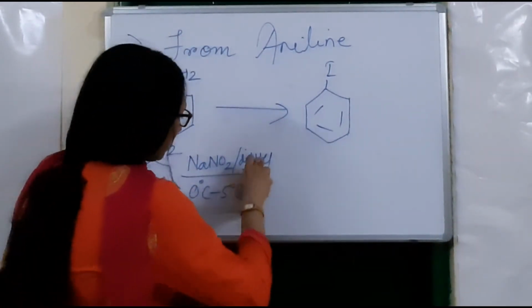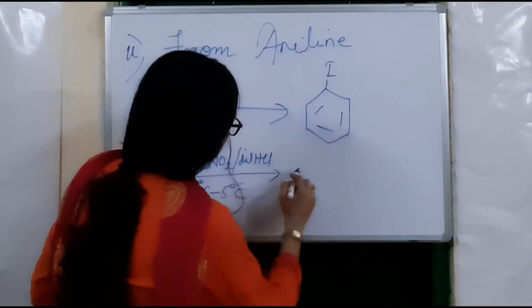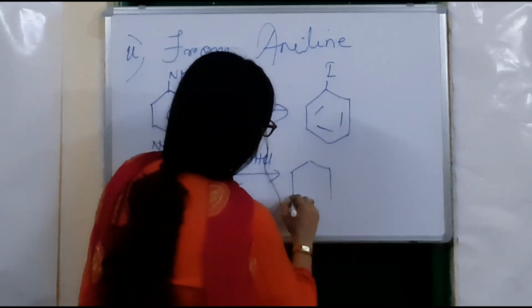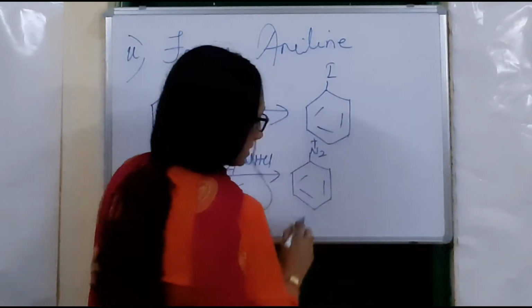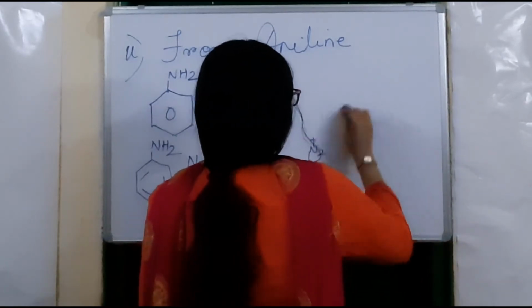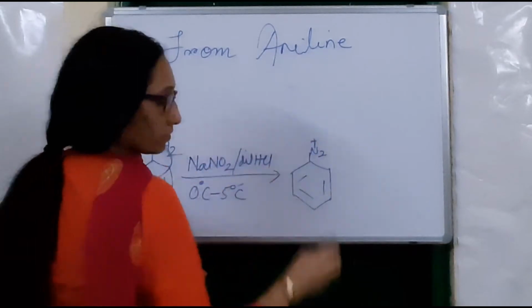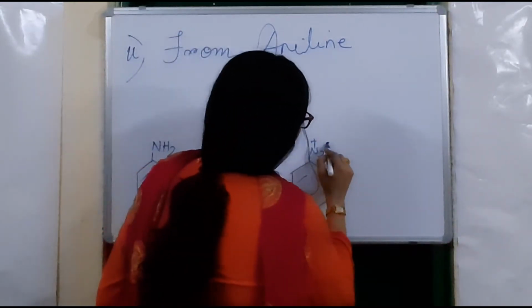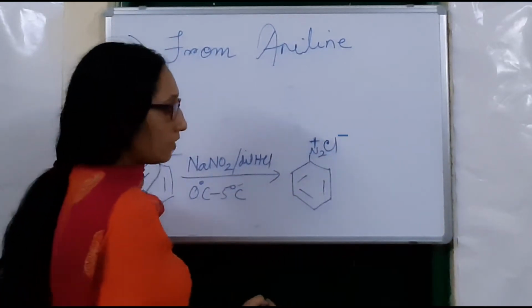So we will get here benzene diazonium chloride, N2 plus Cl minus. This one is benzene diazonium chloride.